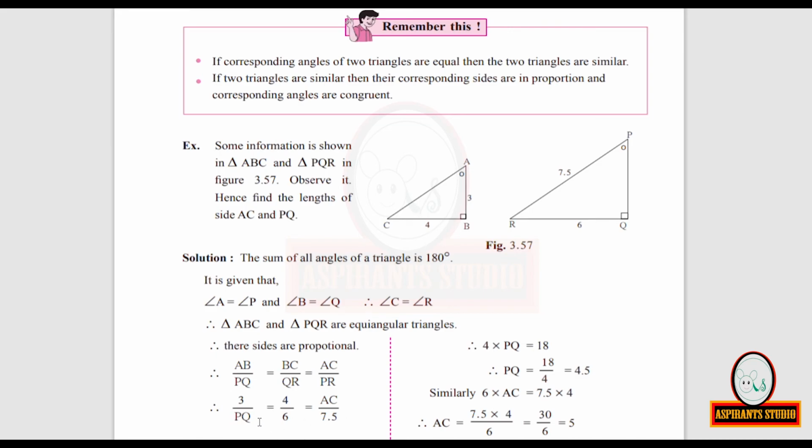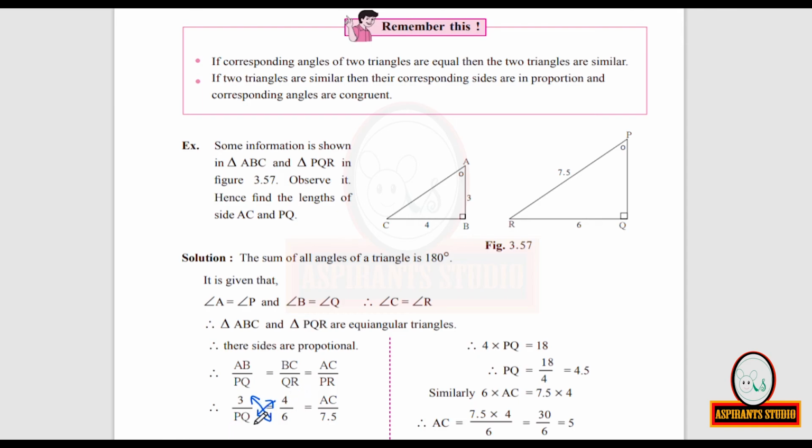So now take the first ratio and the second ratio, they are equal. Now do the cross multiplication. So you'll get 3 multiplied by 6 is equal to 4 multiplied by PQ.